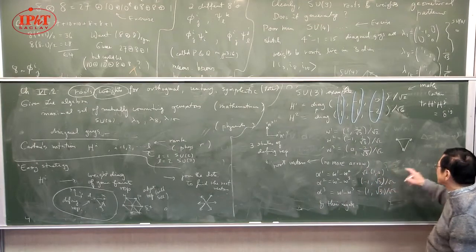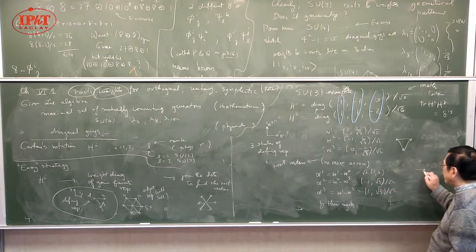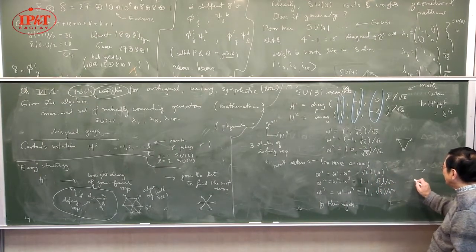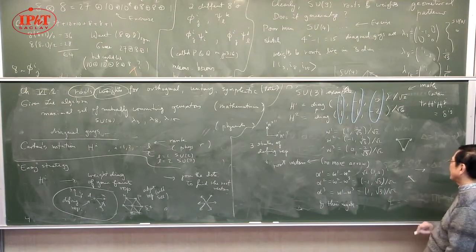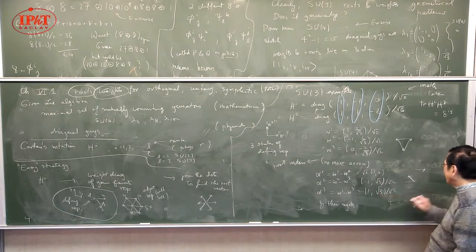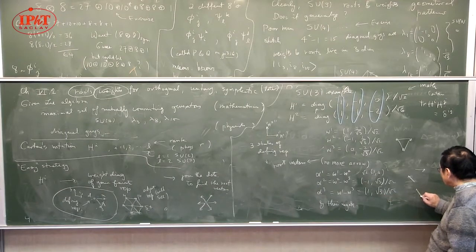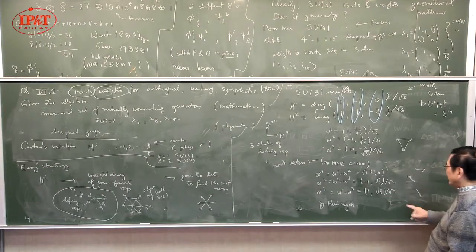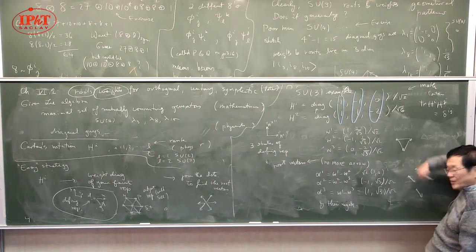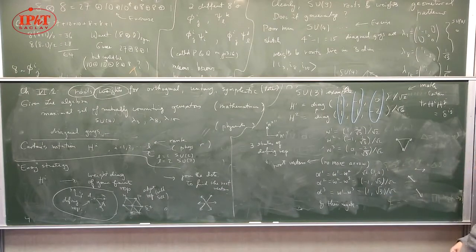So we see that this is I plus. I've forgotten whether it's U plus or V plus. And this one is this guy. And then, of course, you have their negatives, pointing in the other direction. So those are the 6 root vectors.